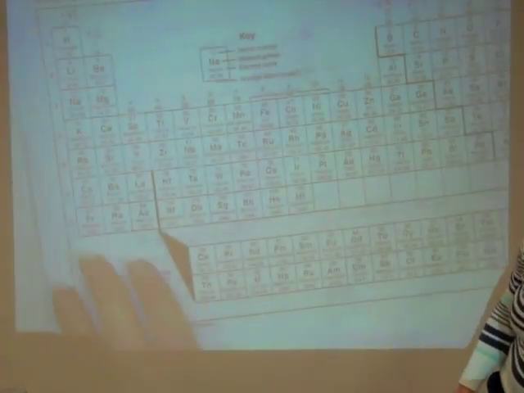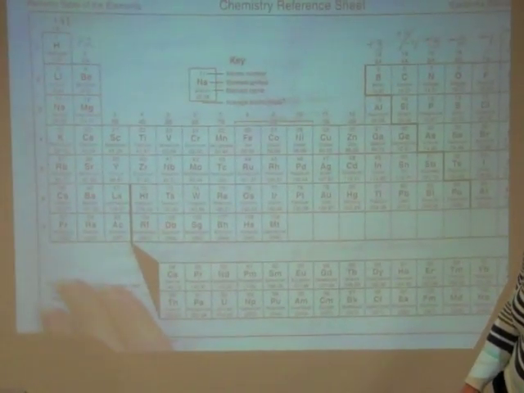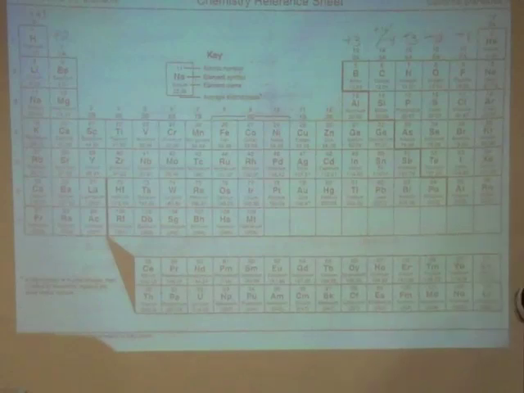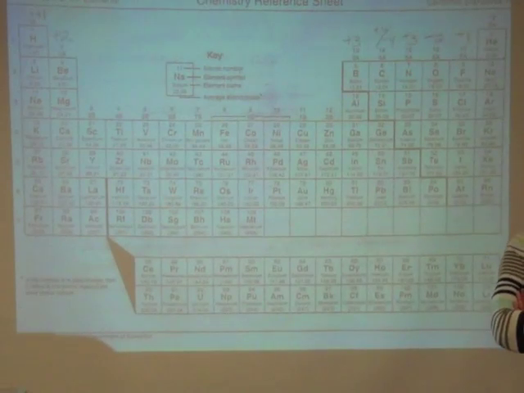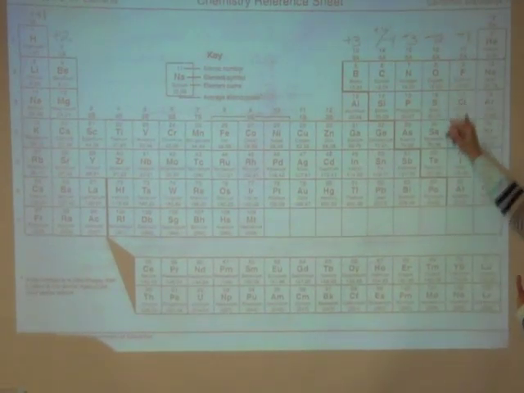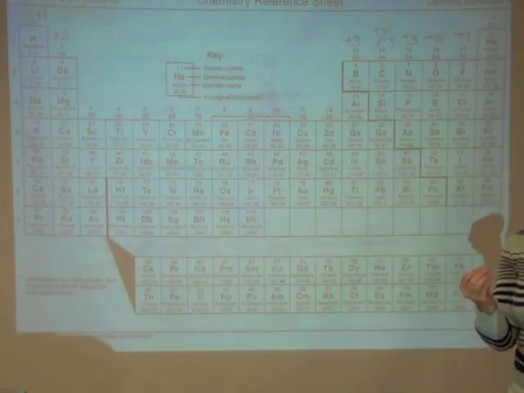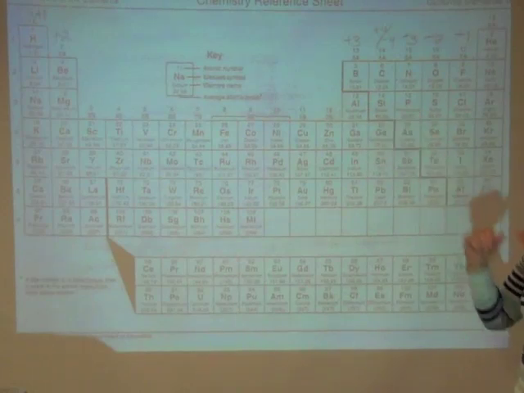And also, now what is our other trend that we're going to see? It's going to be going down. Now, what happens to effective nuclear charge as we go down a group? Effective nuclear charge gets less and less. Why is that the case? Why does the effective nuclear charge, how it affects its valence electron, become less and less?